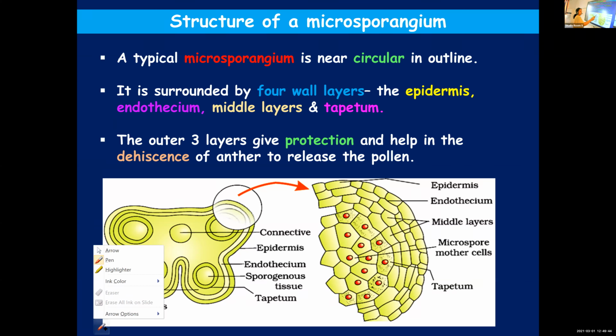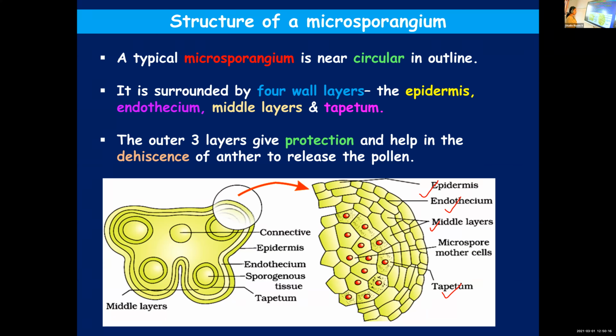The outermost layer is called the epidermis. Then a layer inner to that is called the endothecium. Then one or two layers, a few layers, form the middle layers. And then you can find the innermost layer, the tapetum, and its function you will learn.